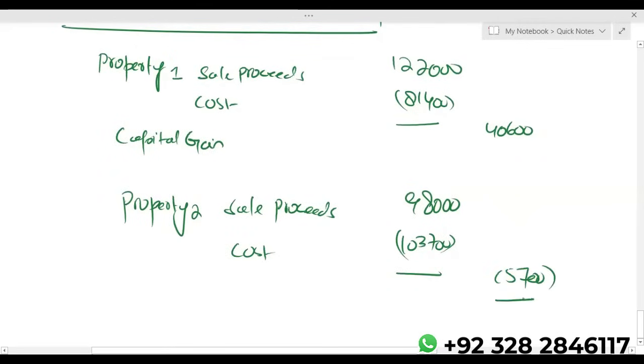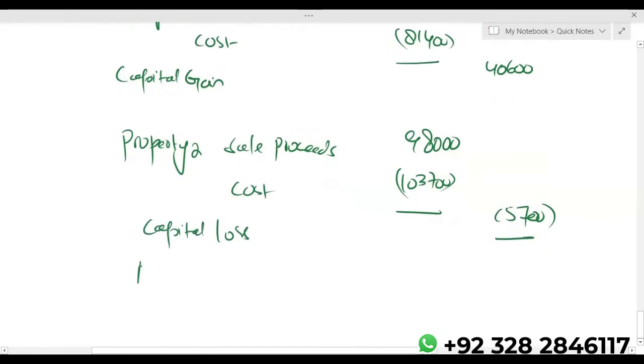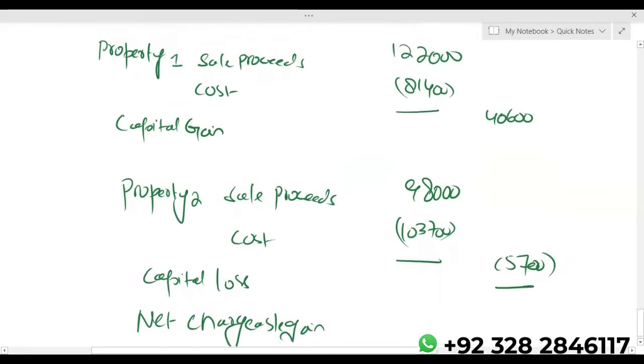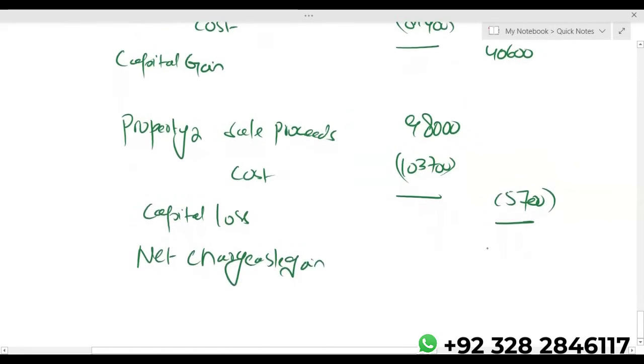Current year capital loss is deducted against the current year capital gain. So I'm getting net chargeable gain. Net chargeable gain is 40,600 minus 5,700. I'm getting 34,900.